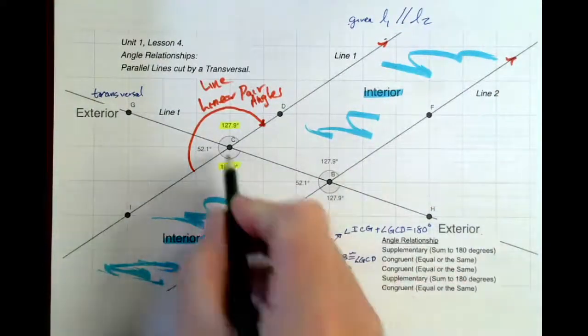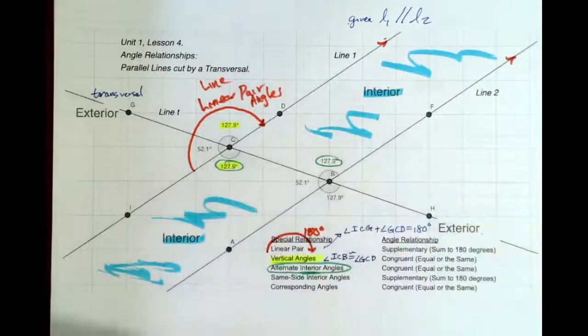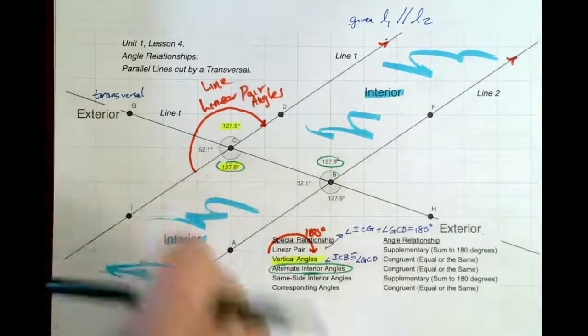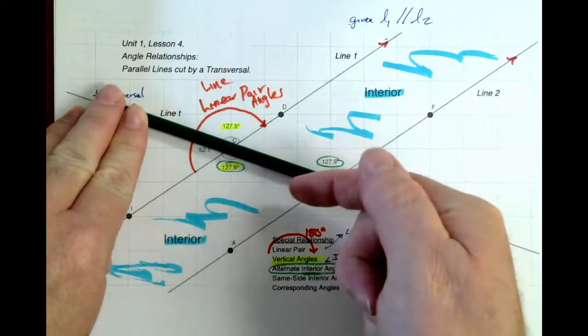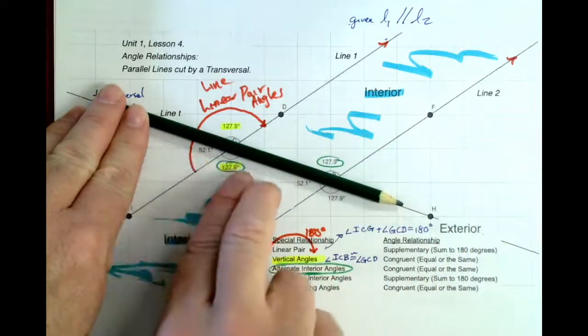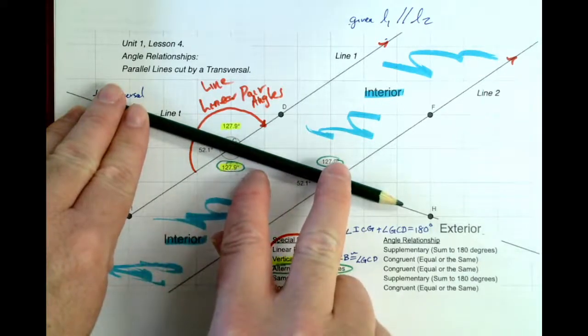We have green circle. Notice, let's travel along the transversal line. Are they on the same side of the transversal line or alternate sides? We can see that these would be on the same side, these are on the alternate side.